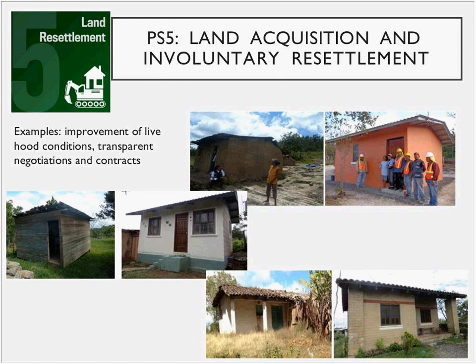They didn't have a bathroom before, and a proper stove also, because most of the stoves there contaminate the whole house. We call them eco stoves in Honduras, and they have a chimney that lets the smoke go out of the house. So this is some of what we've done in resettlement, trying to comply with performance standard number 5.